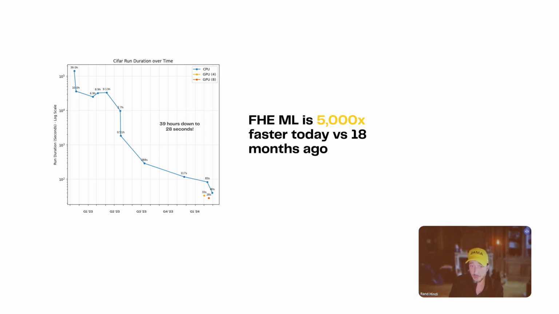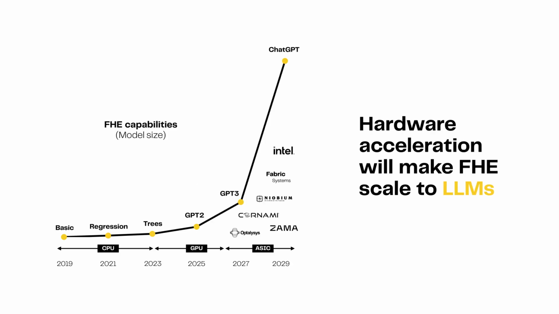So talking about compute, how do we get FHE to scale to ChatGPT levels? Well, we can use hardware acceleration. When we started the company in 2020, we could only really do basic machine learning things. Eventually, by creating better algorithms, better engineering, moving to GPUs, we're able to support more and more complex models.